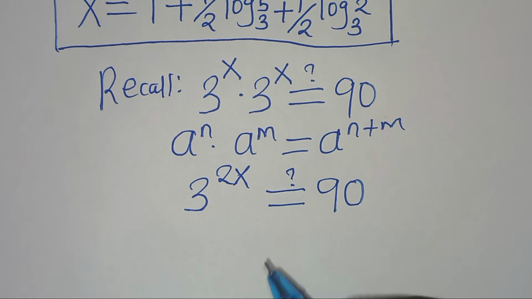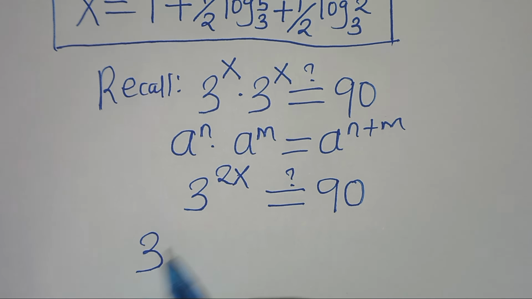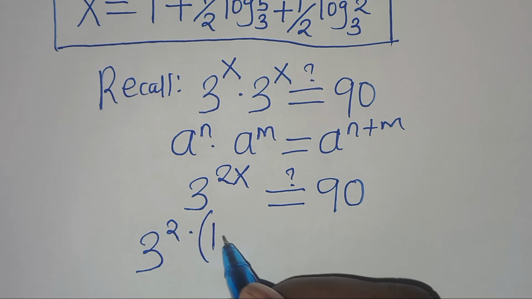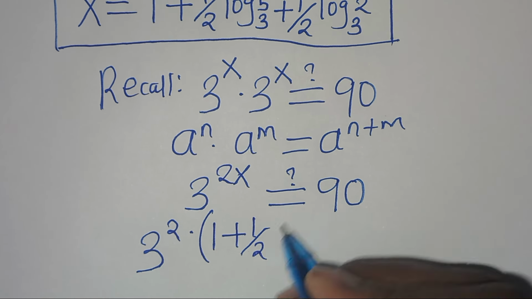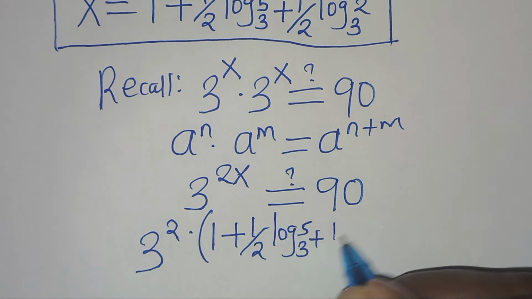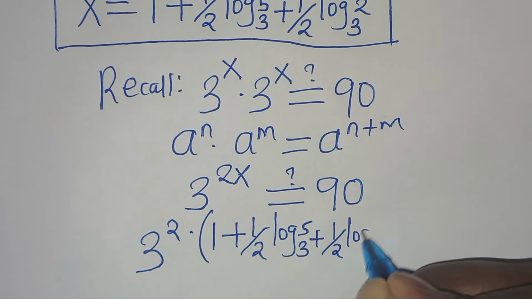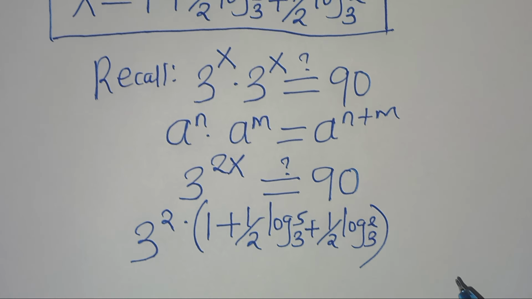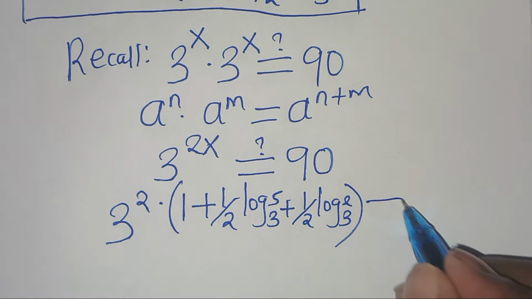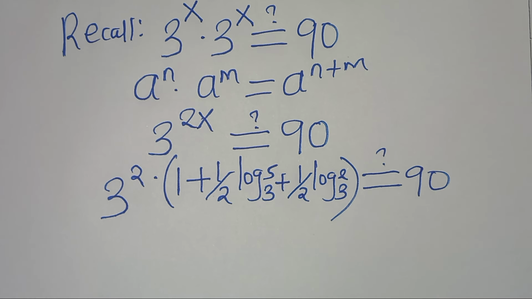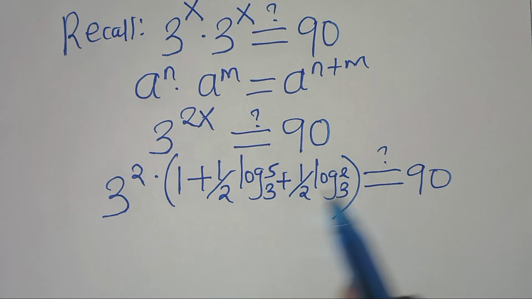So let's substitute the value of x, so that we have 3 to the power of 2 times the quantity 1 plus a half log 5 to base 3, plus a half log 2 to base 3. Close the parenthesis. This is supposed to give us a value of 90. So let's open the parenthesis here.